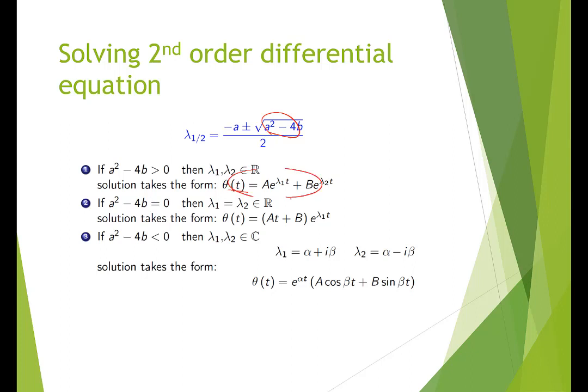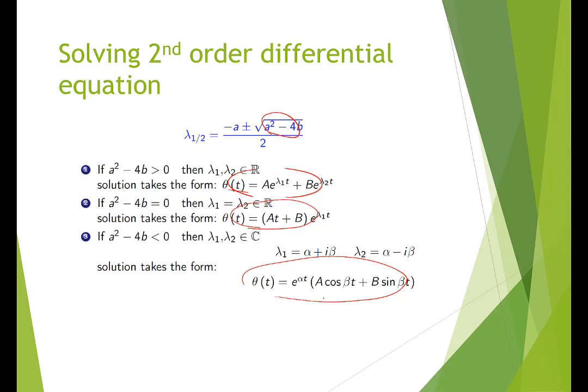In a case that it's exactly 0, we have this solution. And if it's smaller than 0 under the square root, it would be a complex number, and the final solution will take a term like this. Cosine and sine would appear.